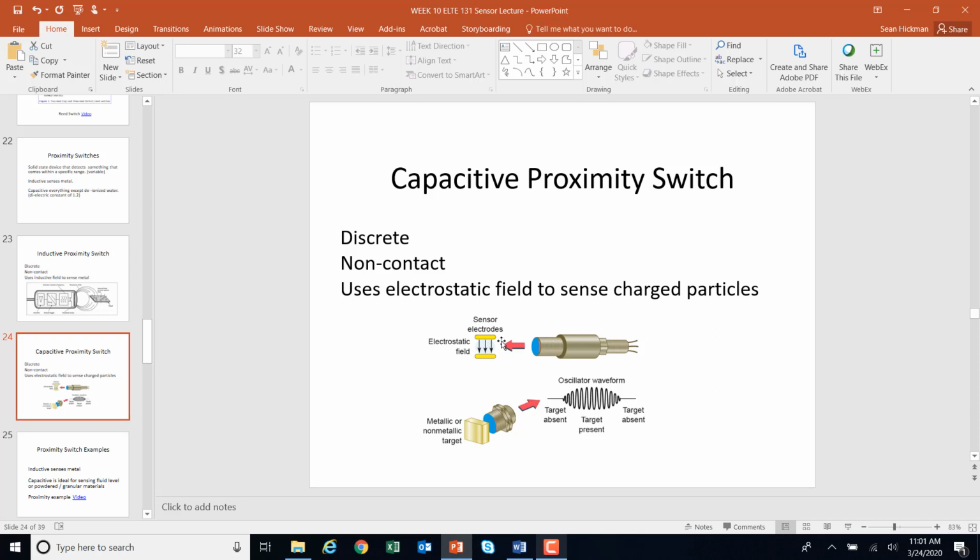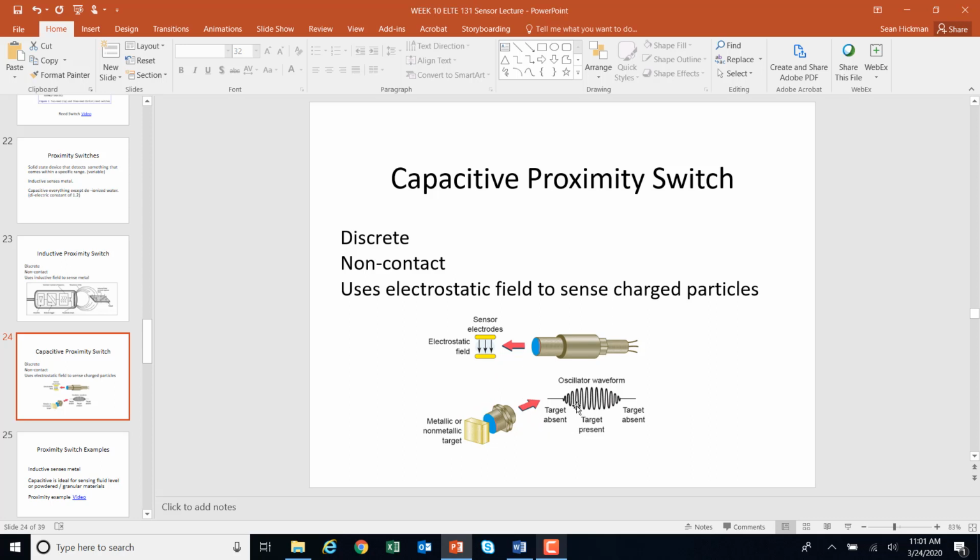A capacitive prox is also discrete. It's on or off. It's solid state. It's non-contact. This uses an electrostatic field to sense charged particles. So in this case, there's an electrostatic or electric field here. When you put an item, metallic or non-metallic, into this field, it's going to affect the field. The field is going to be interrupted a little bit or modified, okay?